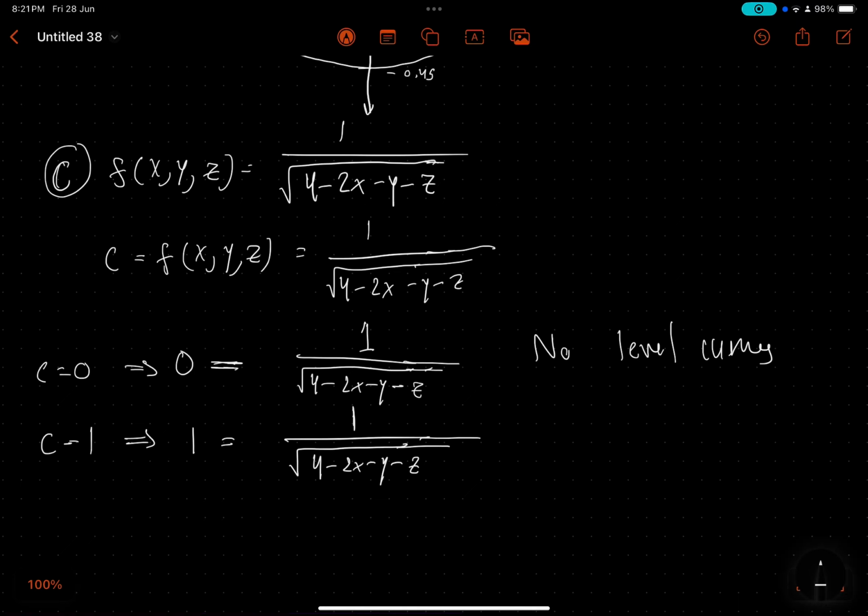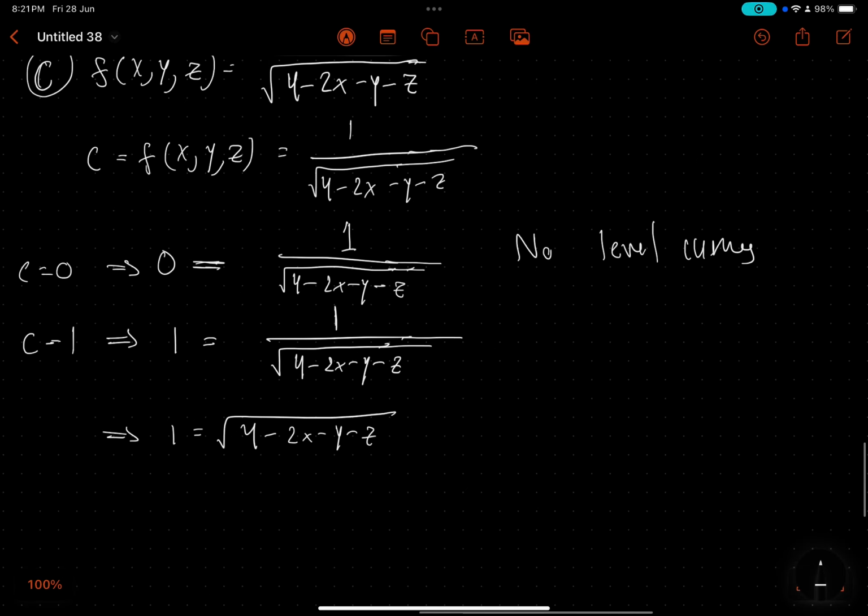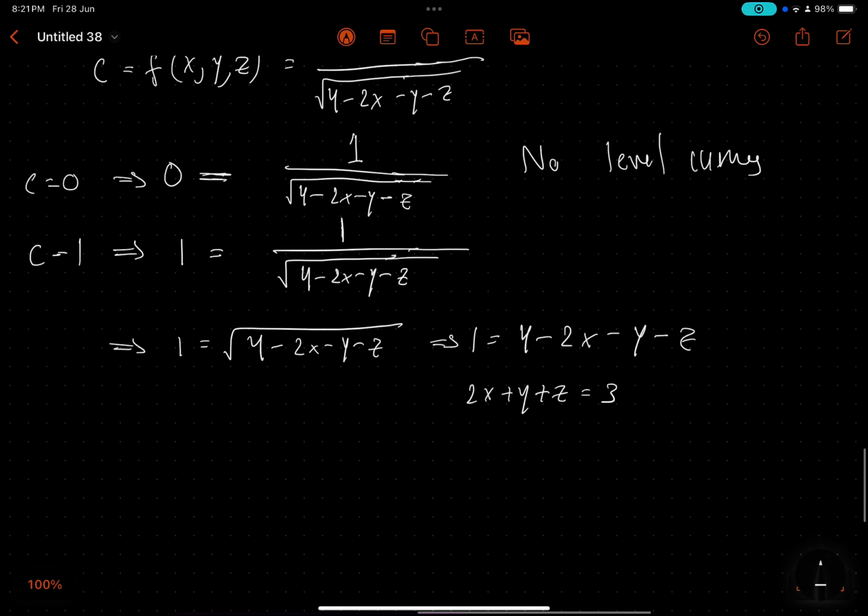Now let's have 1 equals the square root of 4 minus 2x minus y minus z, which is basically 1 equals 4 minus 2x minus y minus z, or 2x plus y plus z equal to 3. If we want to sketch this surface, it's not going to be very easy to do.